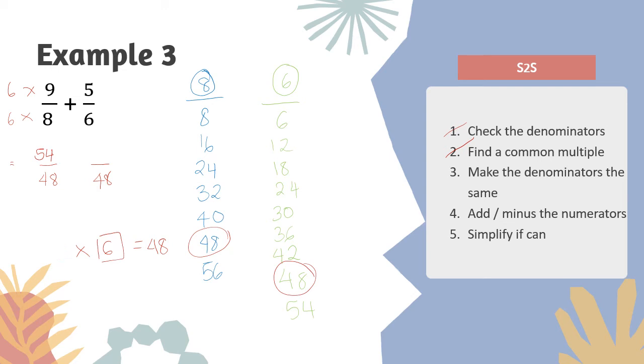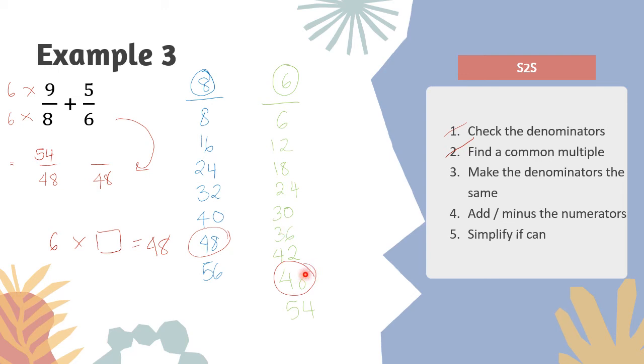Next, how do you change 6 into 48? In other words, what do you multiply it with to get 48? So let's look at our multiple of 6. We have 1, 2, 3, 4, 5, 6, 7, 8.